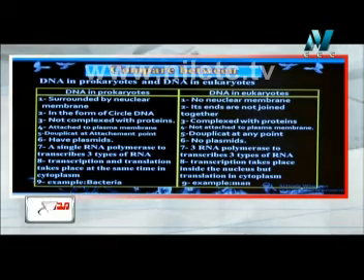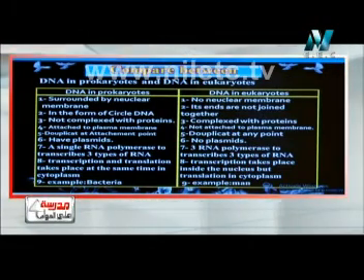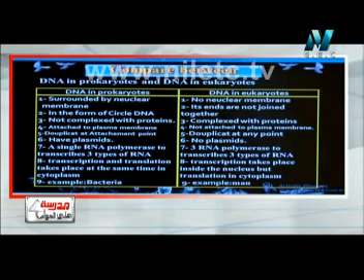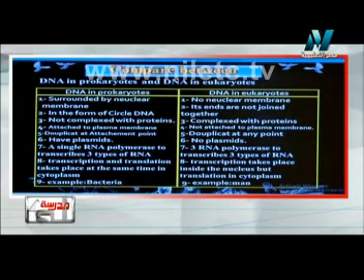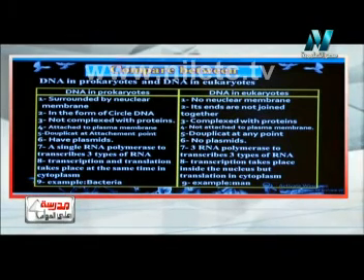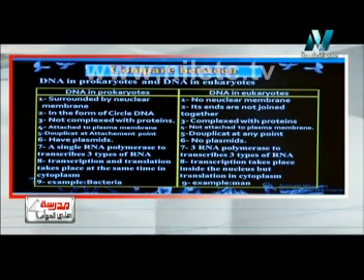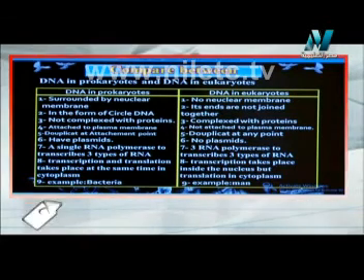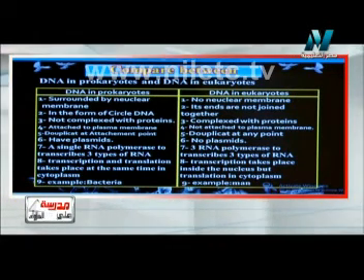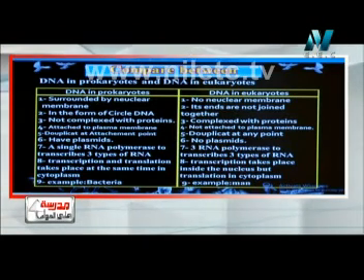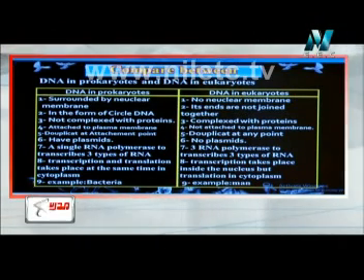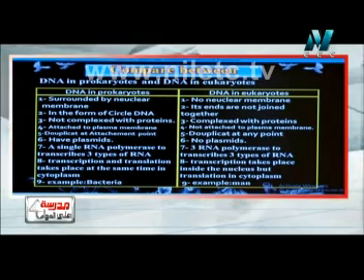The next question. Compare between DNA in prokaryotes and DNA in eukaryotes. In the case of the DNA in eukaryotes, it's surrounded by the nuclear membrane due to the presence of a nucleus, but there is no nuclear membrane in the case of the prokaryotes.